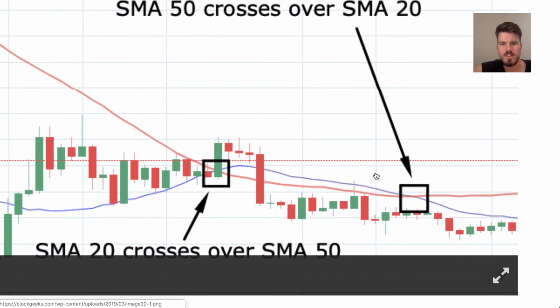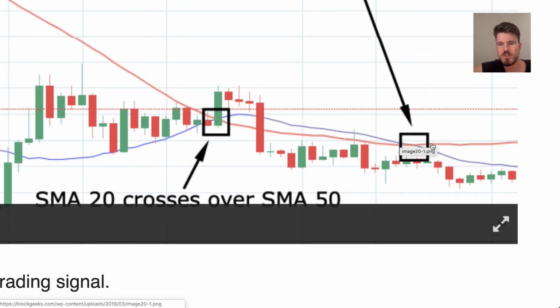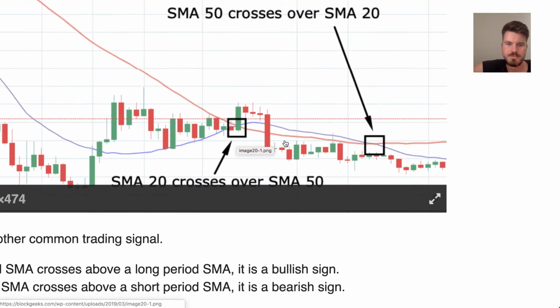And we've got another here, with the SMA 20 crossing under the SMA 50, and that's a bearish crossover. If you'd be day trading, this would maybe be a signal to sell, and this here would be a signal to buy. However, in this case, the trade would result in a loss.